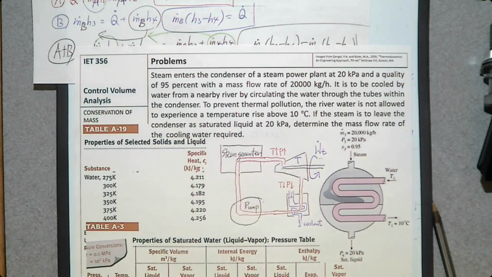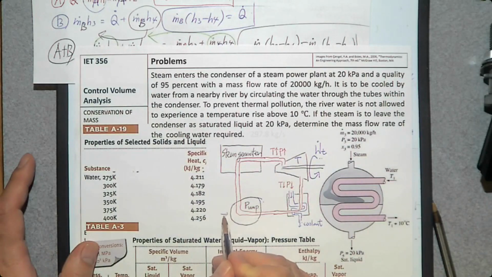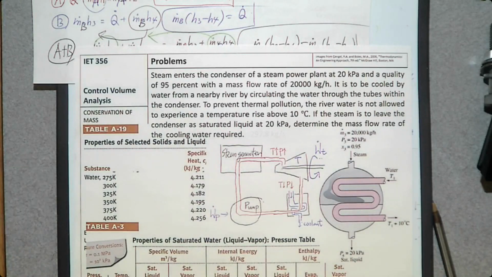That's where we accept some pumping power, to pump this water back to the steam generator, where heat is provided to produce high temperature, high pressure steam that produces mechanical power.